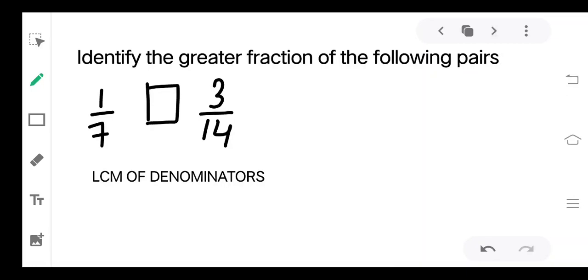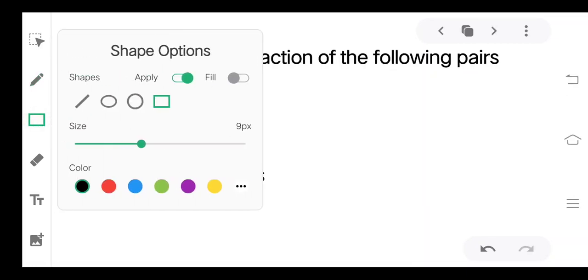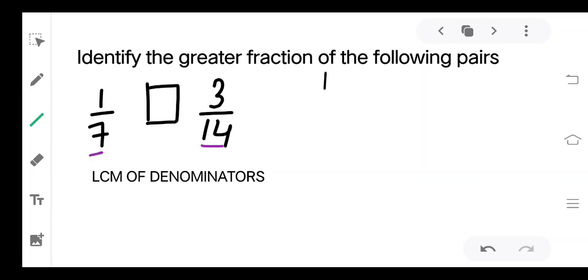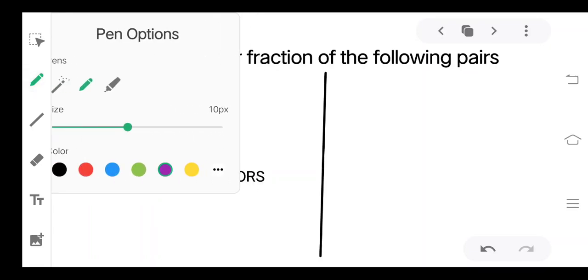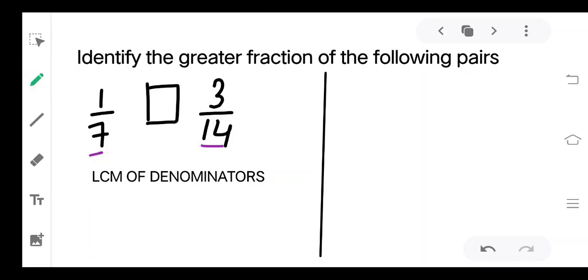Students, in this I am going to take the LCM of the denominators. The LCM of 7 and 14 is 14. So what is my next step? 1 upon 7 and 3 upon 14.